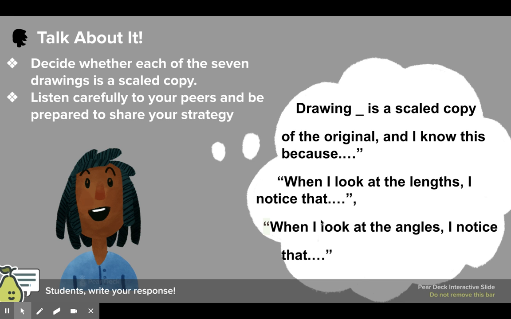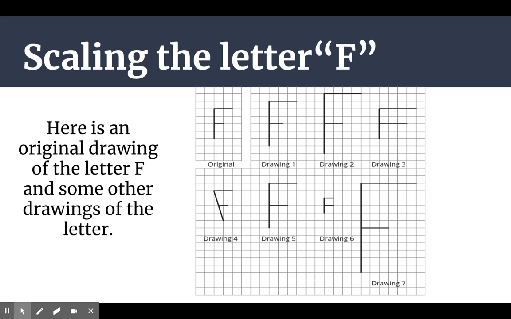Again, I'll go back just so that you can see one more time which of these drawings are going to be scaled copies of the original. Let's make sure that we're utilizing this time to either respond in the Pear Deck or to type in the chat. We're going to take 30 more seconds for you guys to type your responses, and we're going to pause the video here.